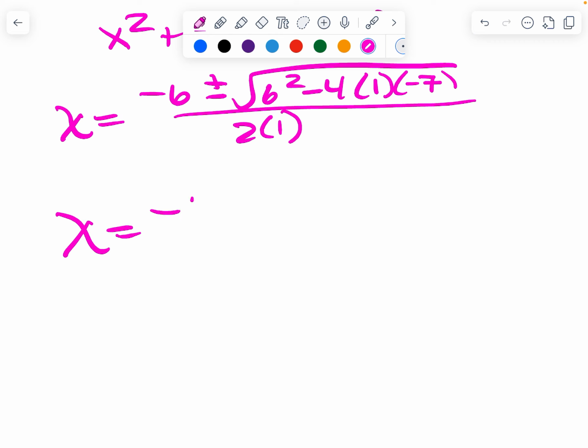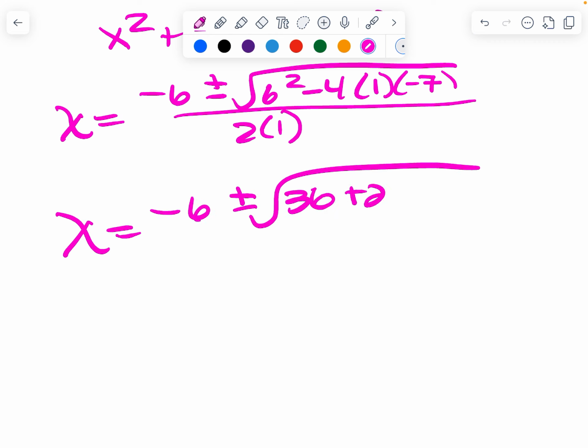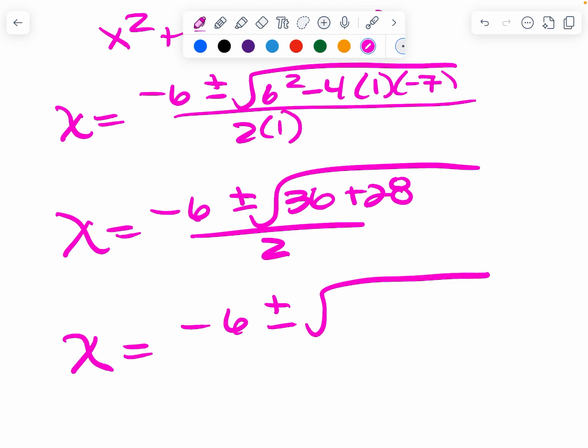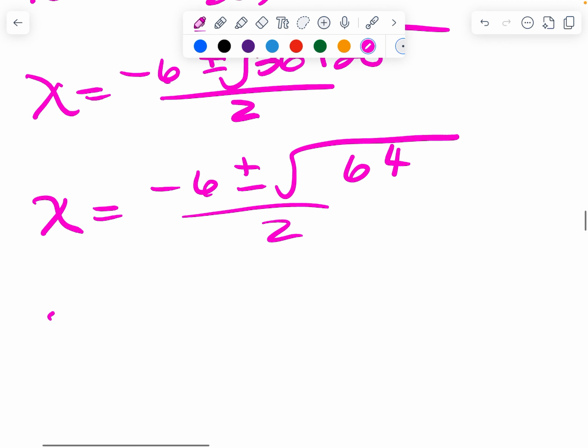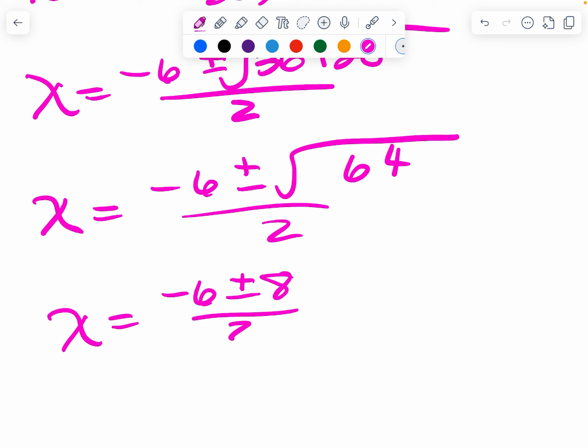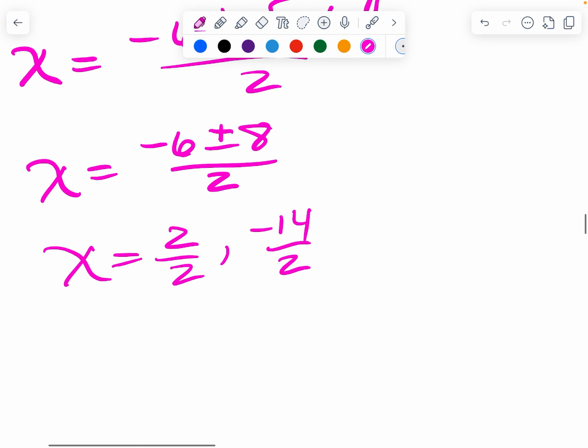X equals negative 6 plus or minus the square root 36 plus 28 all over 2. X equals negative 6 plus or minus the square root of 64 over 2. So x equals negative 6 plus or minus 8 over 2. So x equals 2 over 2 and negative 14 over 2. So x equals 1 and negative 7.